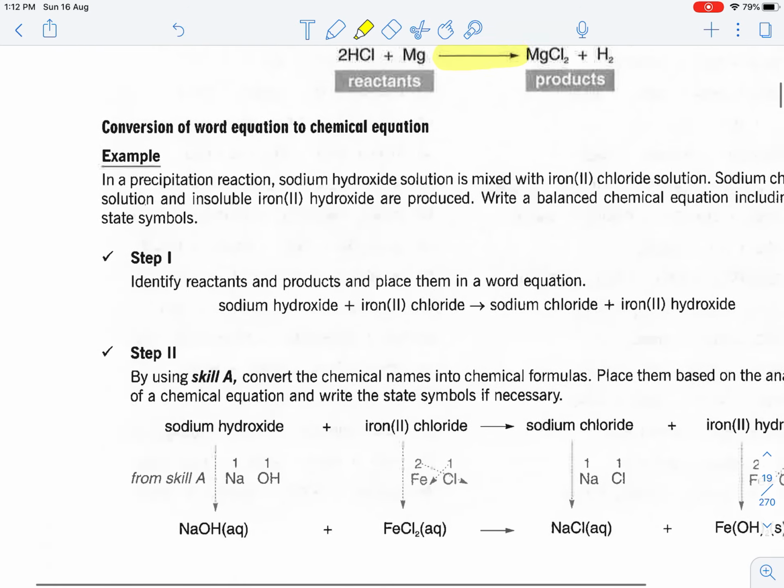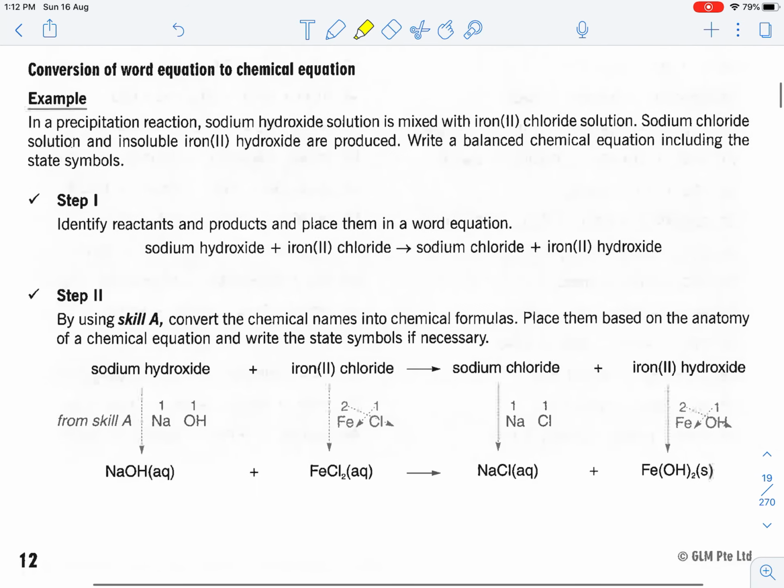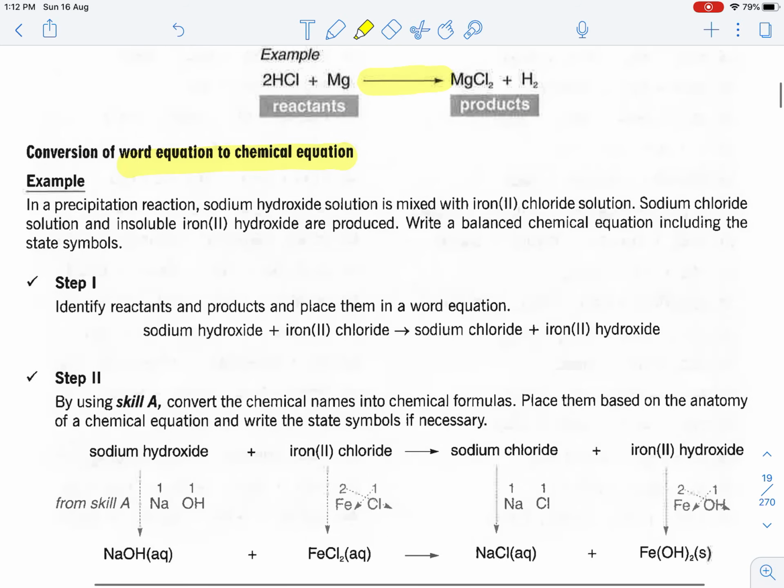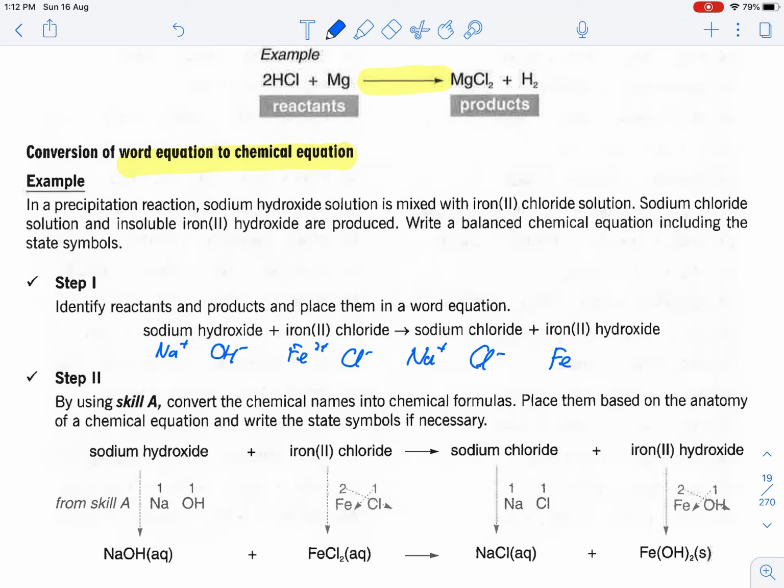Okay. So these are how you go about from word equation to chemical equation. After writing a generic word equation like this, let's use this particular equation as an example. The charge of sodium is Na+, hydroxide is OH-. Iron 2 is Fe2+, chloride is Cl-. Sodium is again Na+, chloride Cl-, iron 2 Fe2+, OH-.